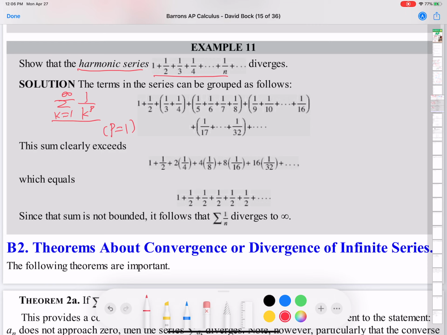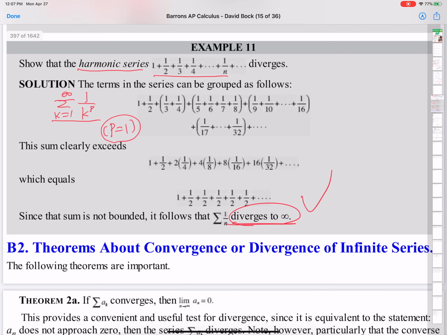A p series is always divergent if p is less than or equal to 1. Only when p is greater than 1, a p series is convergent. So the harmonic series is always divergent, to infinity. That's the answer. Okay, harmonic series are always divergent.